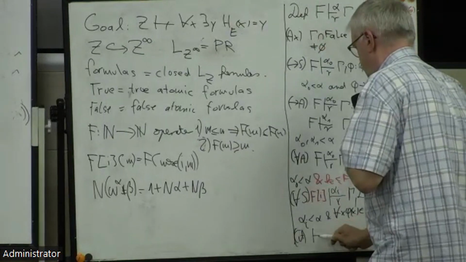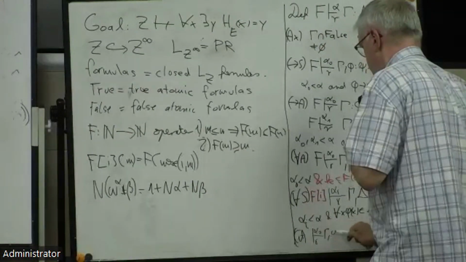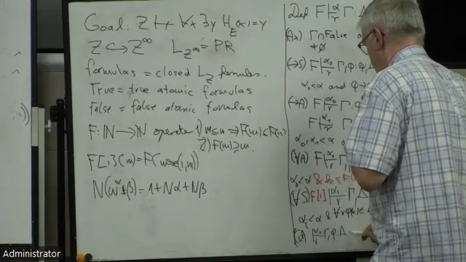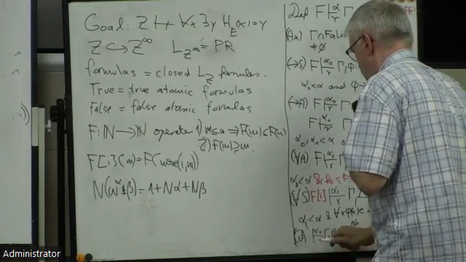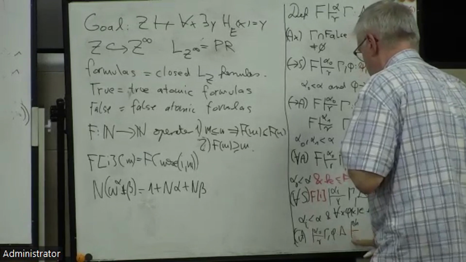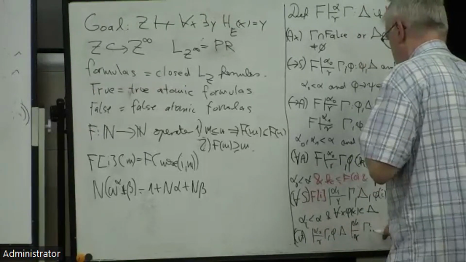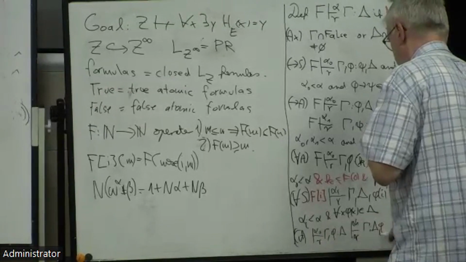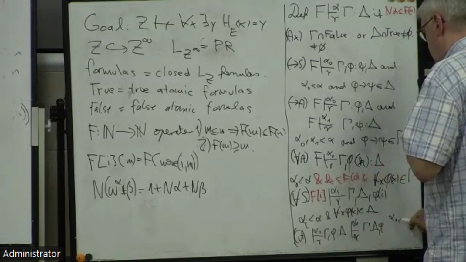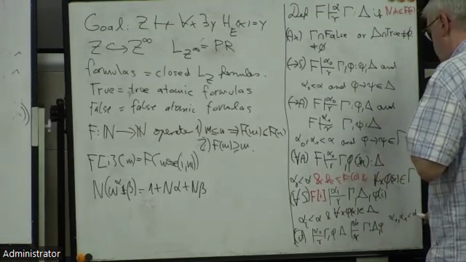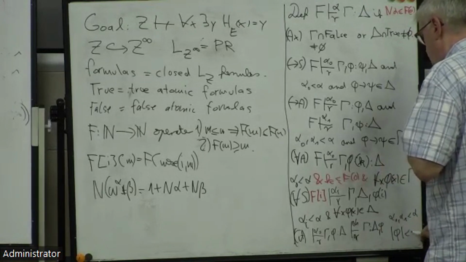So we have alpha 0 and r, gamma, phi, delta, alpha 1 and r, gamma, delta, phi, and alpha 0, alpha 1 are smaller than alpha, and the cut formula phi has complexity smaller than r.